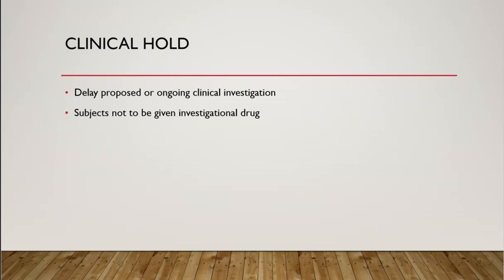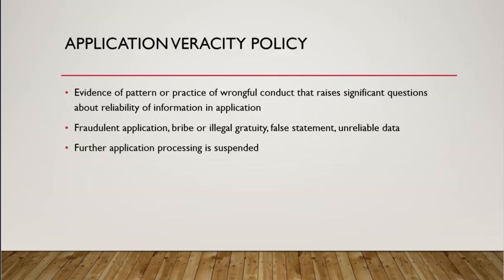And if something goes awry in an inspection, a clinical hold may be imposed. And what that does is it delays the proposed investigation or the ongoing investigation, and subjects are not to be given the investigational drug.